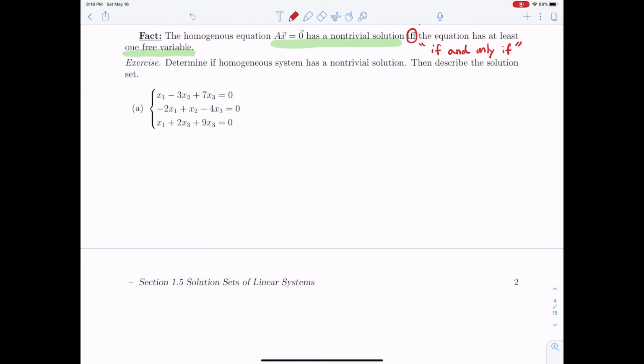In this exercise, we're going to see whether the given homogeneous system has a non-trivial solution. So the plan is, first, REF the given augmented matrix, then find the pivot positions, and see if the system has any free variable.